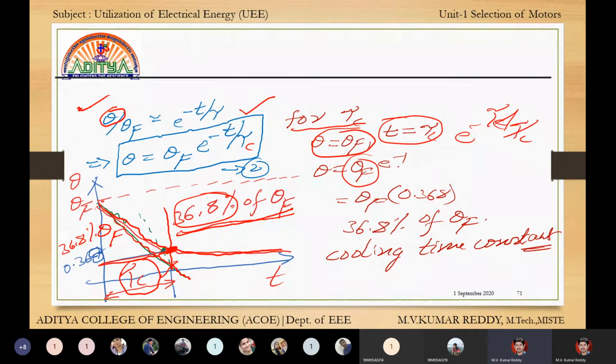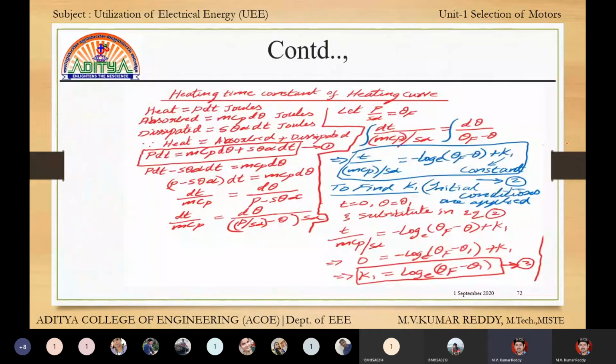Tau c gets cancelled, so e power minus 1. The value of e power minus 1 is 0.368, that is 36.8 percent of its final value. This is also the same derivation.